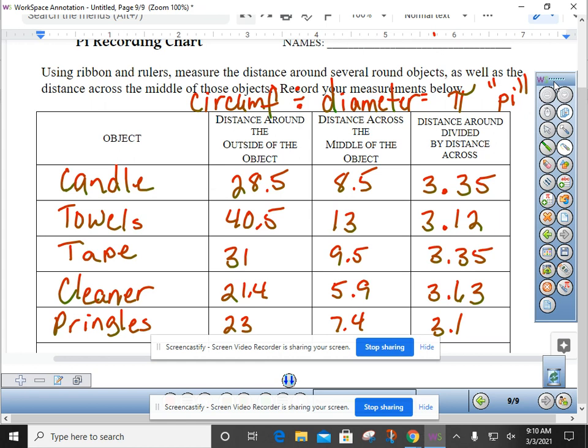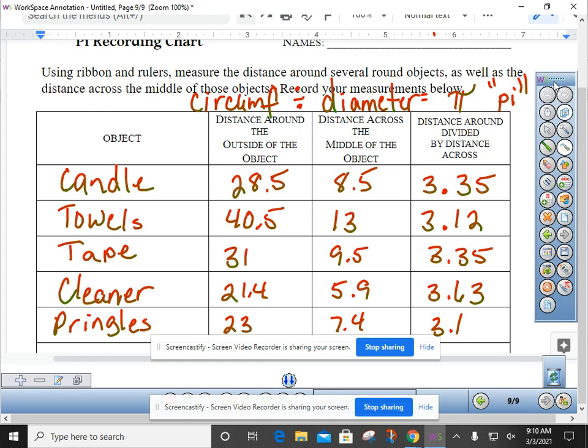Now say this, distance around divided by the distance across equals pi. Say it again. Perfect. Don't you think that's cool?